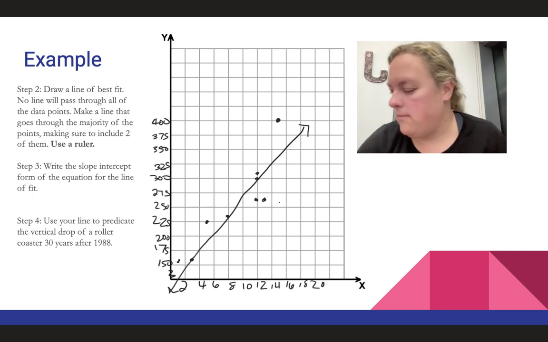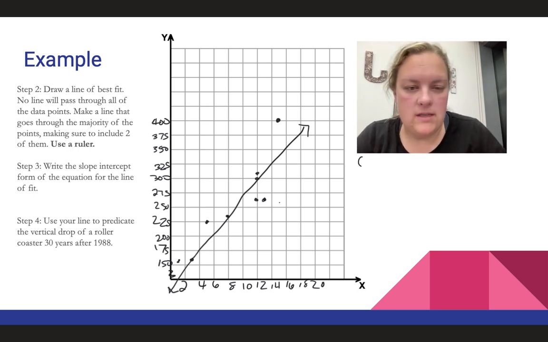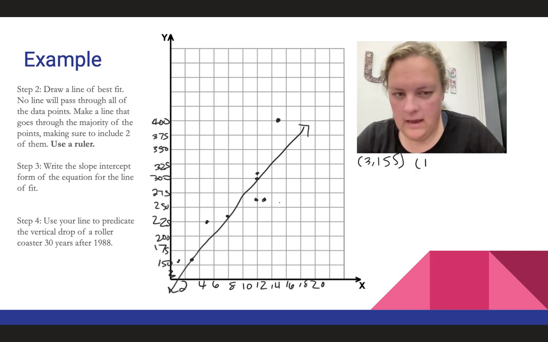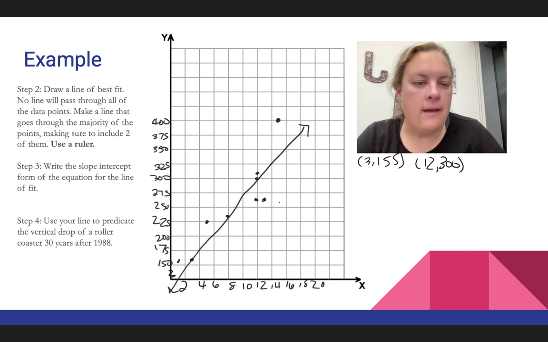And over here on the right-hand part of my screen, I am using (3, 155) and (12, 300). I'm going to find the slope of these first. So 300 minus 155, all divided by 12 minus 3.